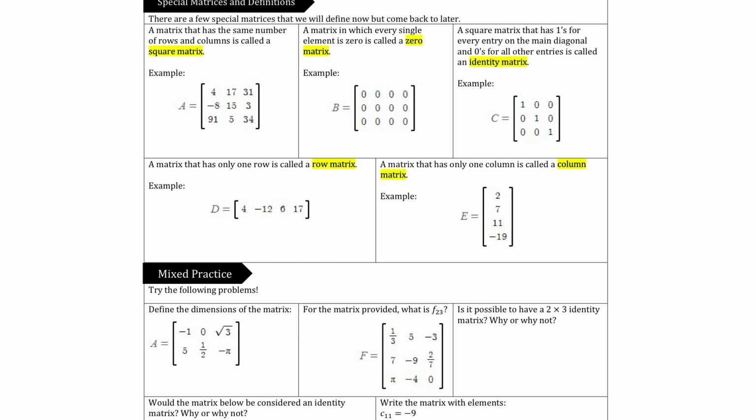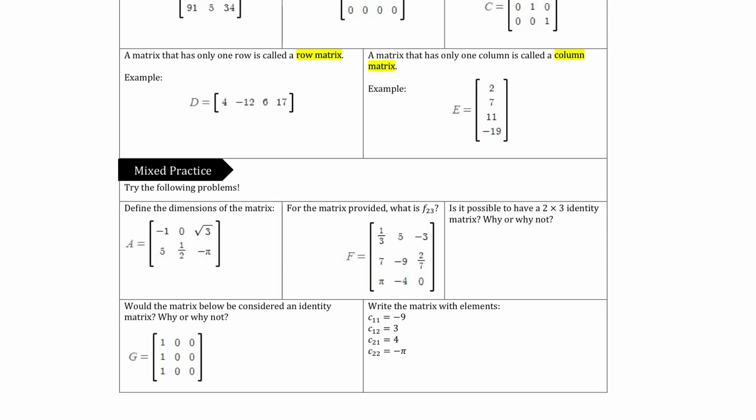Here we go, just some practice. The dimensions of this matrix are, you can pause this. This has 2 rows and 3 columns, so we would end up with a 2 by 3 matrix. And then the next one, the second row is a column.